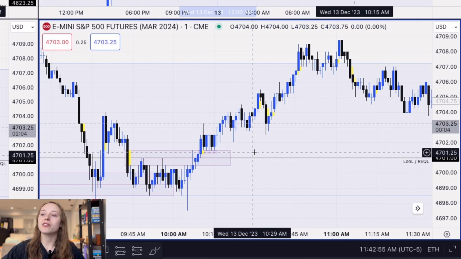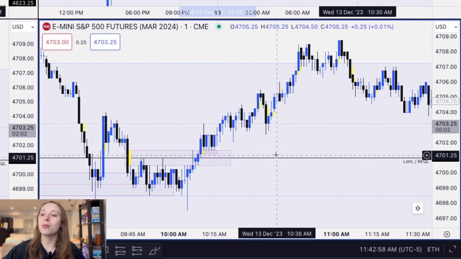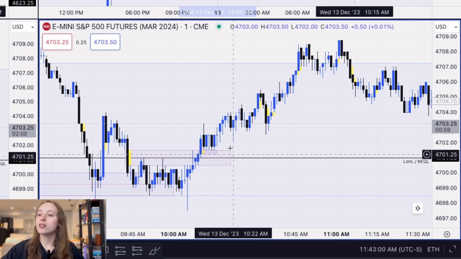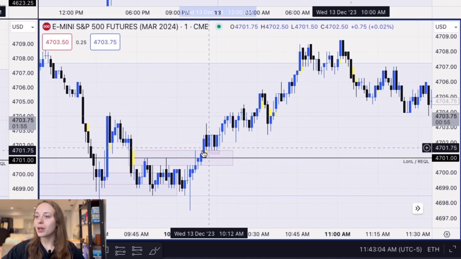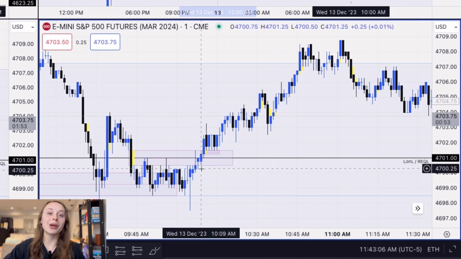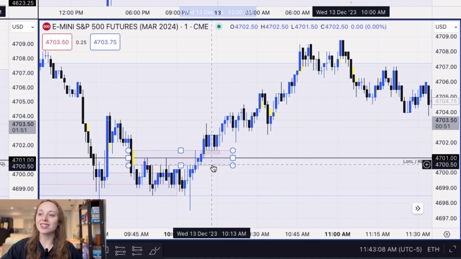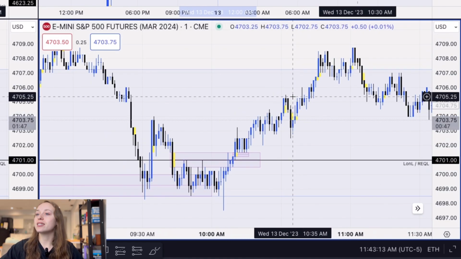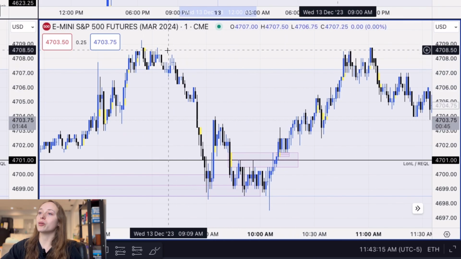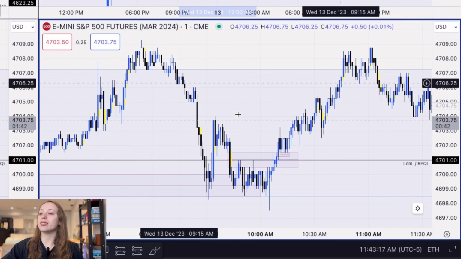We use this 1 minute fair value gap as an inversion fair value gap, but then we also use this small little 1 minute fair value gap as an entry as well. We came down to the top of the fair value gap, institutional order flow entry, before ultimately moving higher, slowly taking out some buy side liquidity here, but not quite reaching this high.